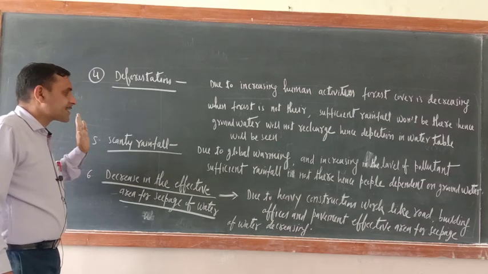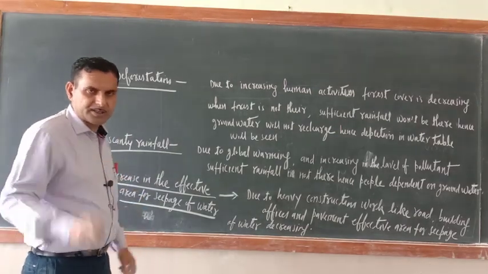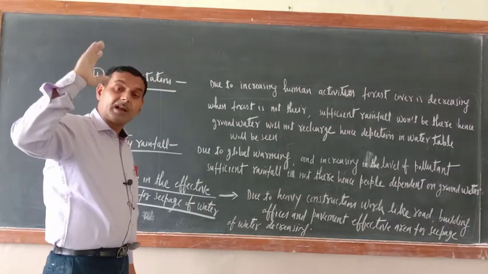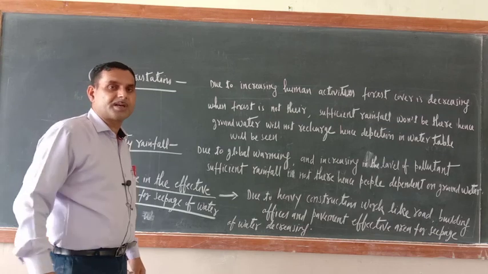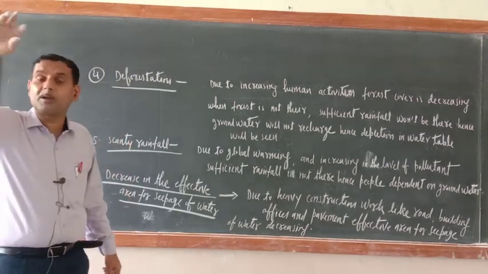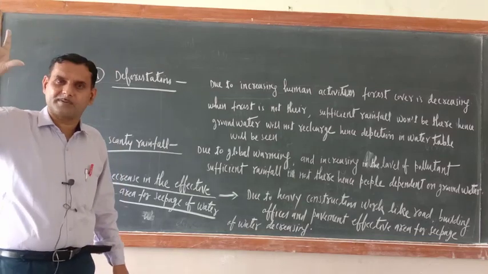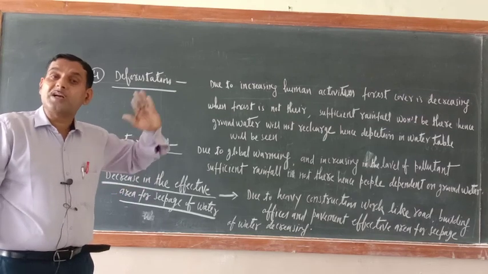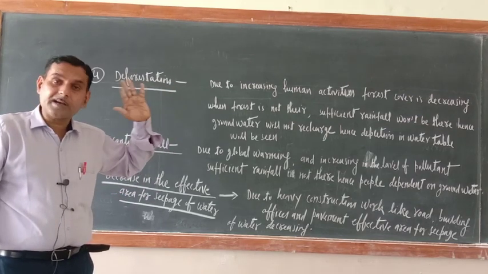Next one is scanty rainfall. Now try to understand. Due to global warming, due to increasing level of pollutants in the atmosphere, what is there? Those hanging water droplets, meaning cloud, is disturbed. Cloud condensation is not there because pollutant level is increasing in the atmosphere.